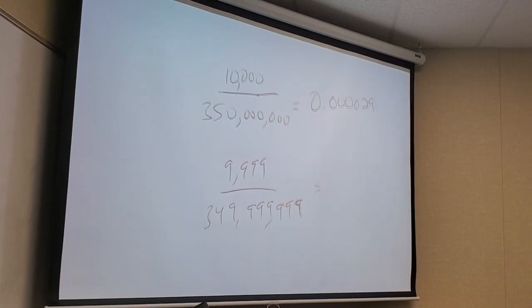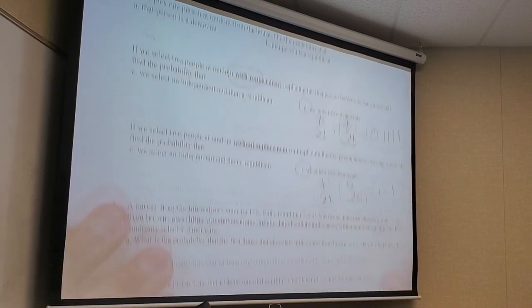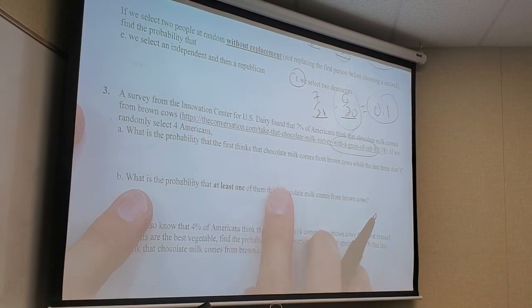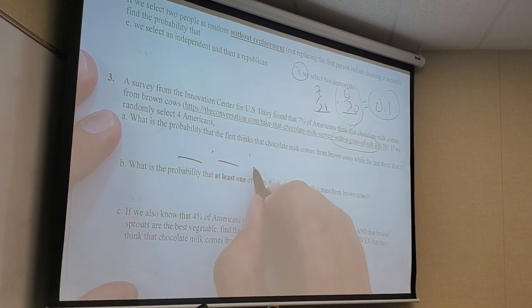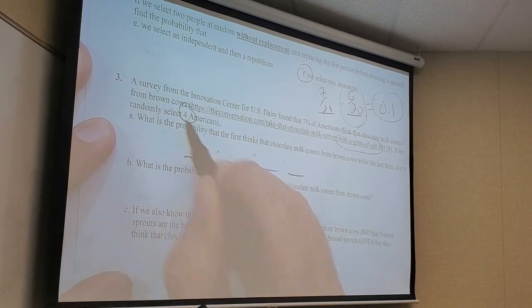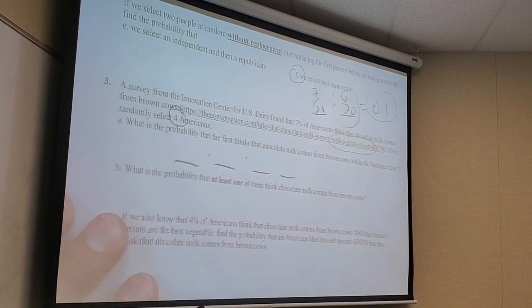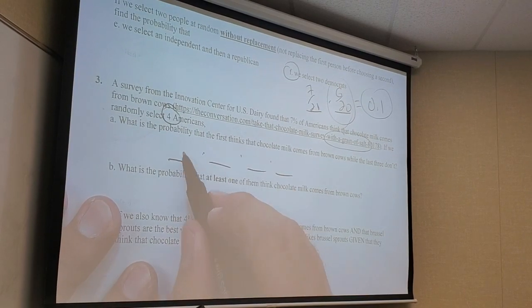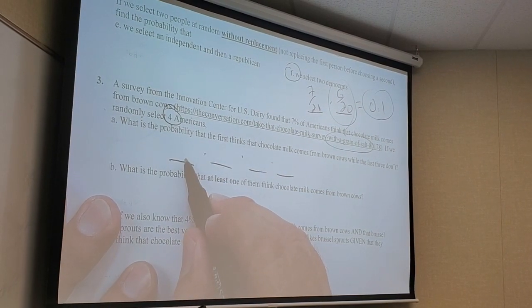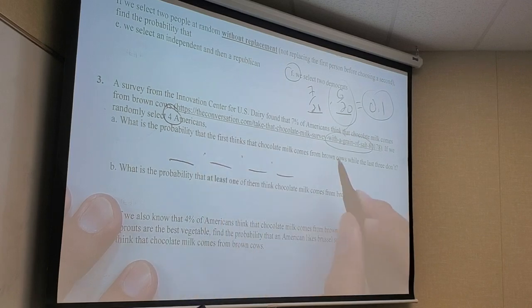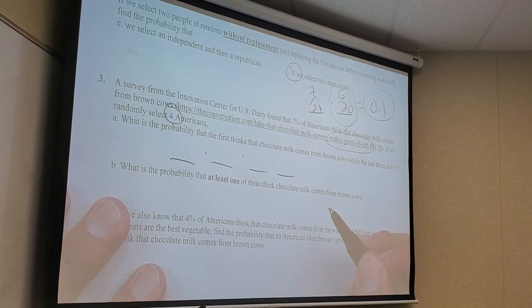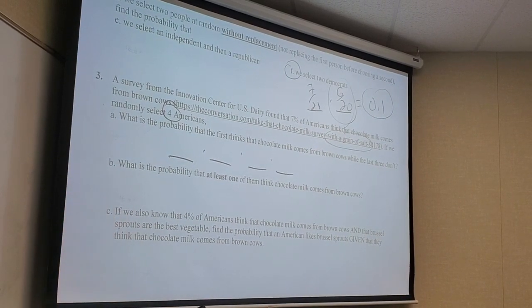All of this means, when my population is huge, look at what I can do. I've got 4 people, right? I'm going to choose 4 people, yes? I want the first one to think that chocolate milk comes from brown cows. What's the probability the first one thinks that? 1 in 4. Say again, sorry?